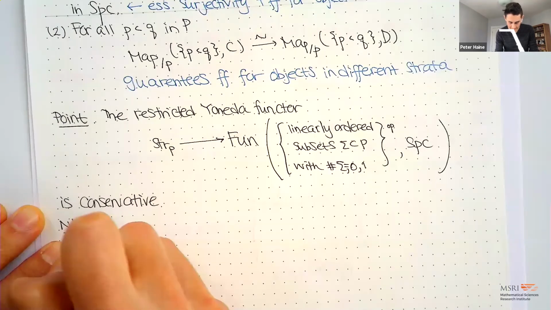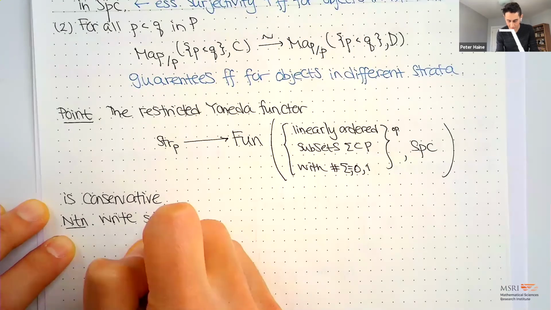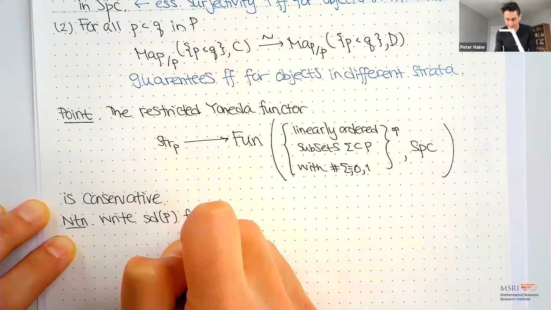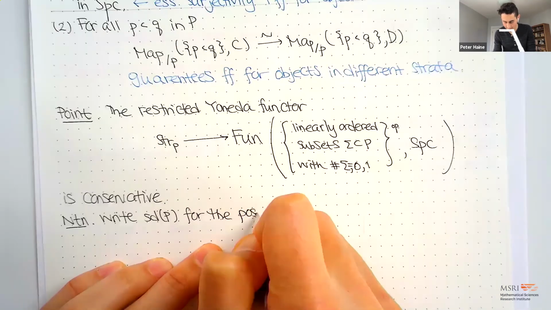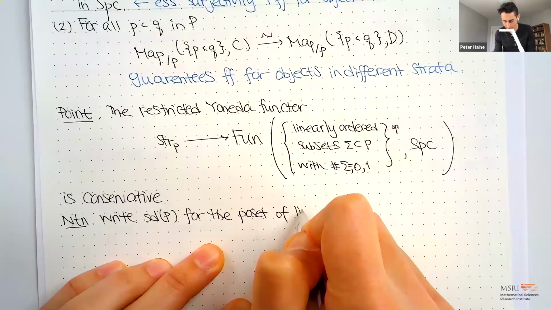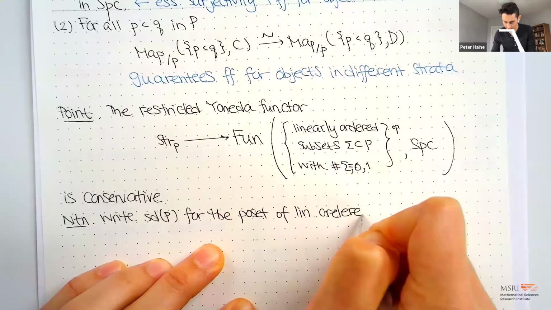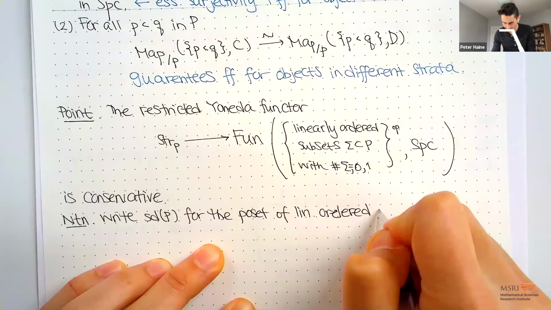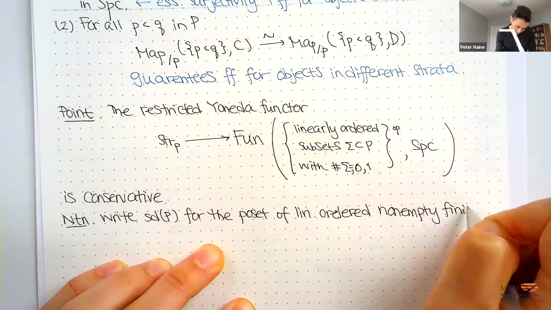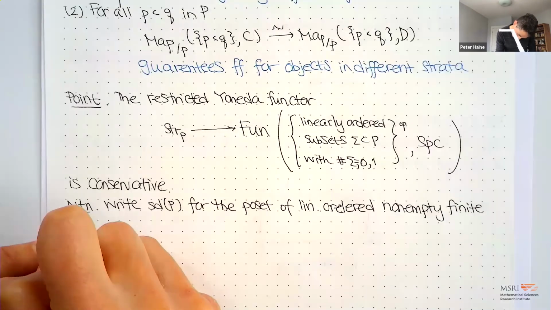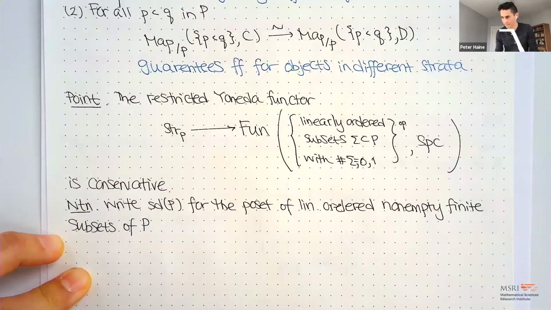Write SD of P for the poset of linearly ordered, I should say non-empty, finite subsets of P, ordered by inclusion.